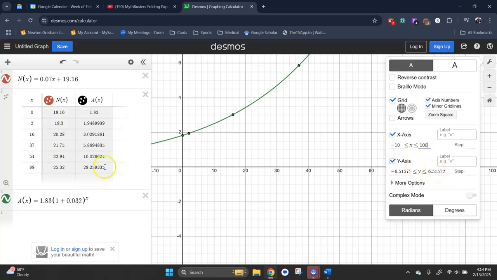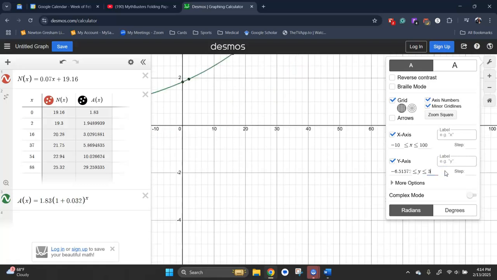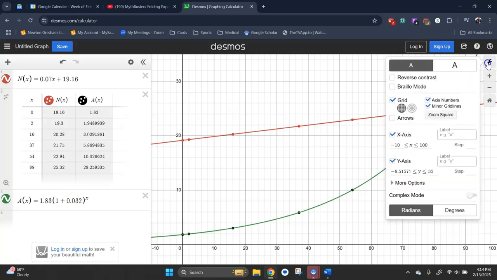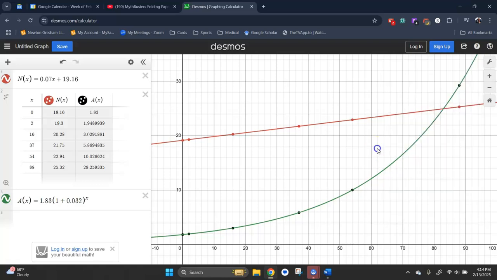And I know my population outputs are somewhere around 30 million people. So I want my output to be maybe 35 million people. If I click off of it, I should be able to see this intersection point. Again, I changed my inputs to 100 years and I changed my outputs to 35 million people.